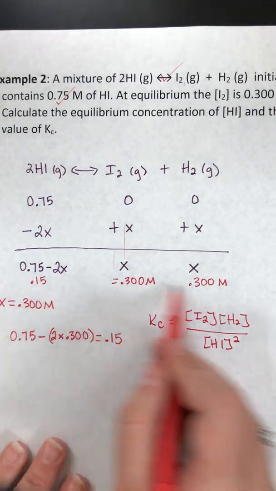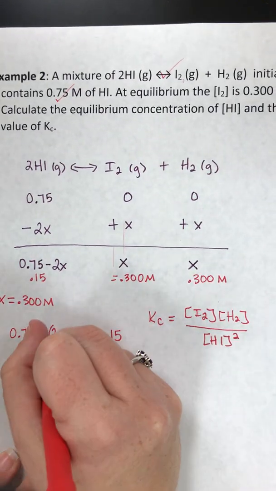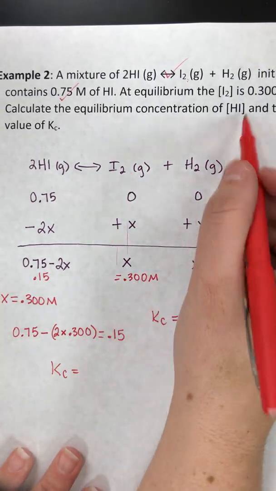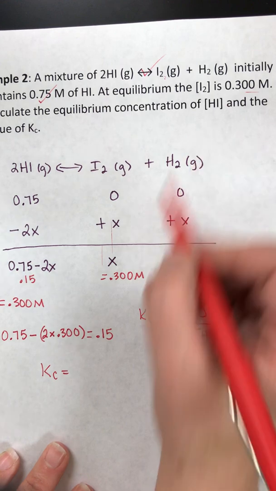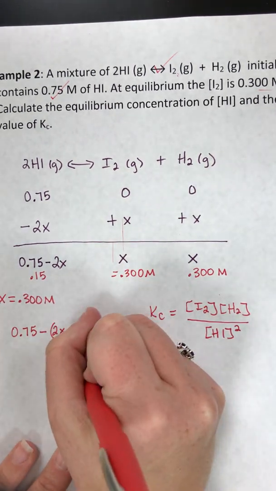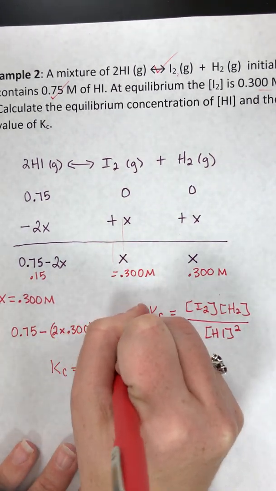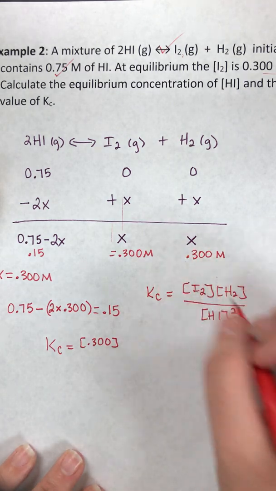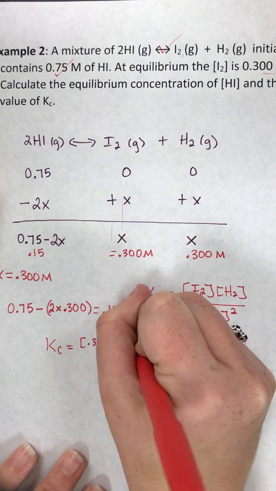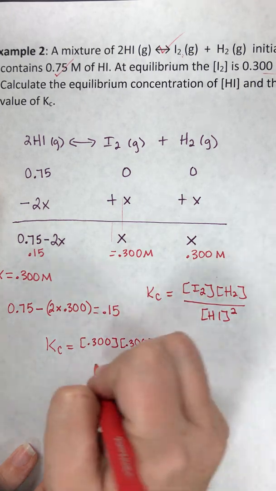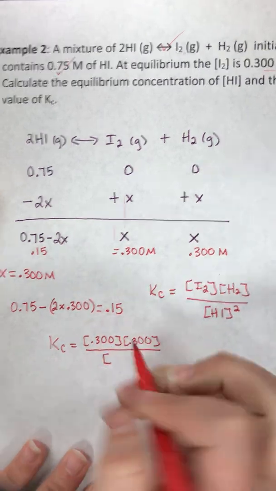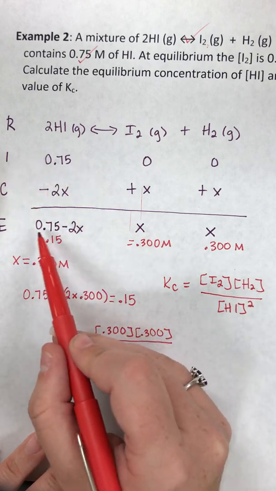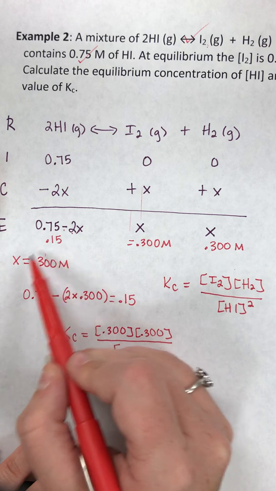All right, so now since I solved for these, I can plug that in. So Kc equals, our concentration of I2, we were told at equilibrium is 0.300. That's where our X came from. So I'm going to write that down. Okay, and then our concentration of H2 is the same because it was also equal to X. And then we're going to divide by the calculation that we solved for HI when we did 0.75 minus 2 times this 0.300.